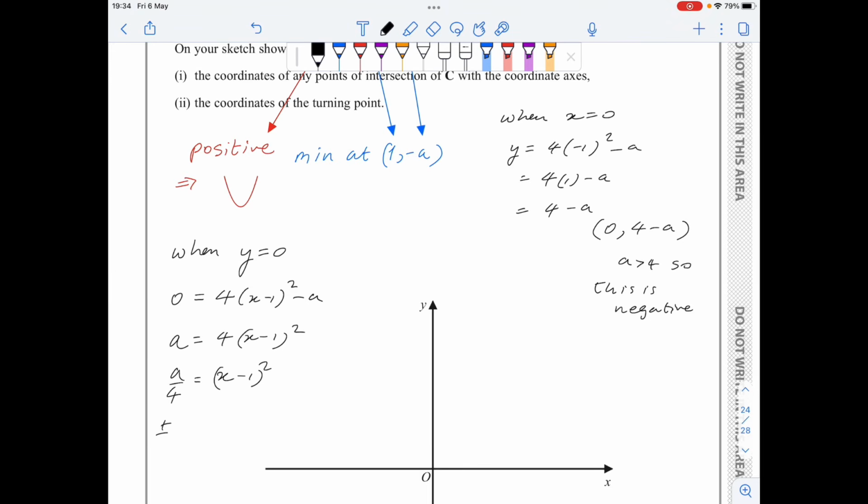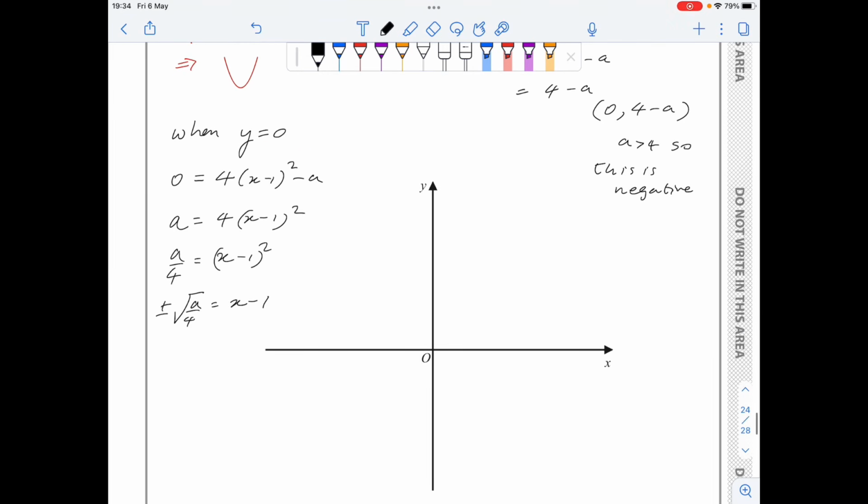Take the square root, so plus or minus the square root of a over 4 is x minus 1. And let's also take the 1 to the other side. So we've got 1 plus or minus, and if I take the square root of separately the numerator and denominator, I have square root of a over 2. And these are the two x coordinates that cut the x-axis.